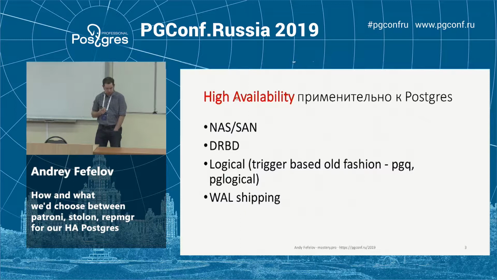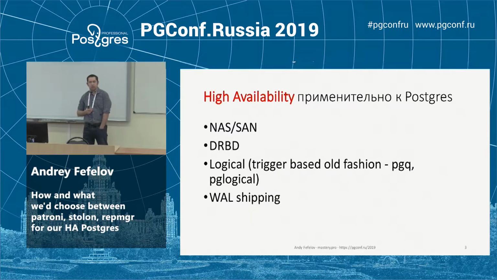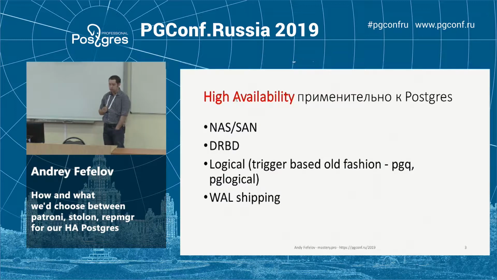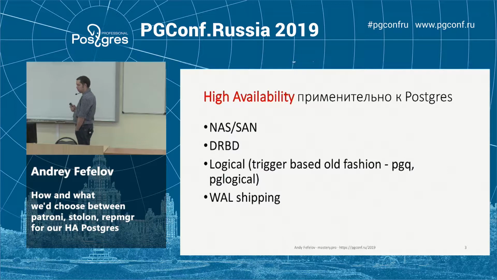About the approaches for high availability in Postgres, there are a few. The first one is the usage of a hardware complex, which provides fault-tolerant storage. The second one is the usage of a software complex that will help to use a replica of the block systems.